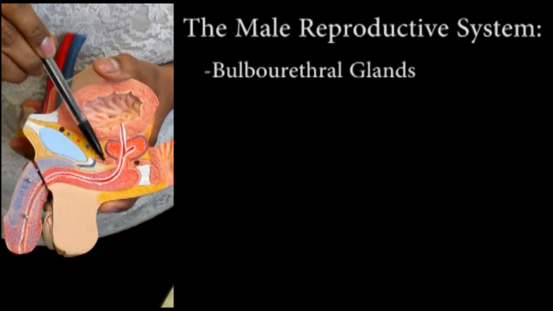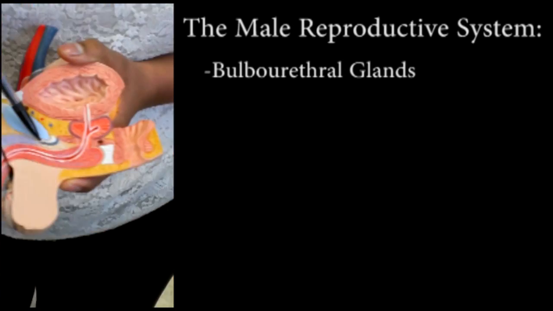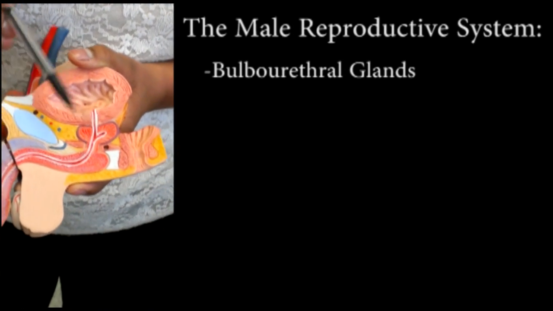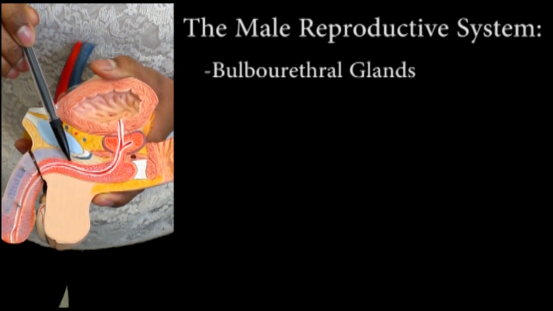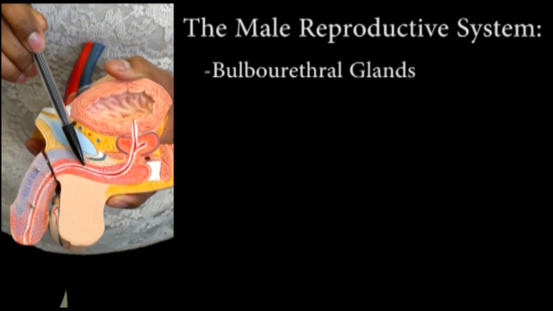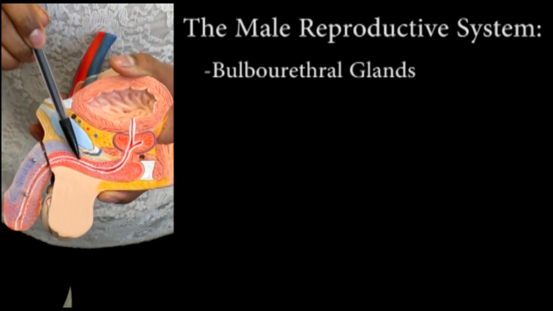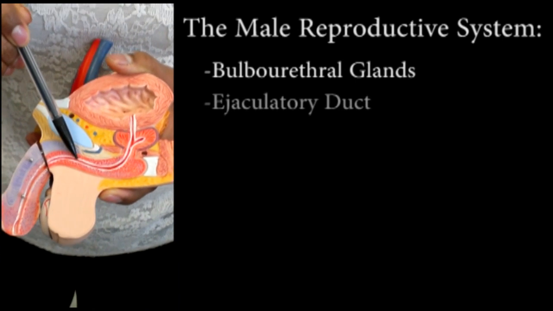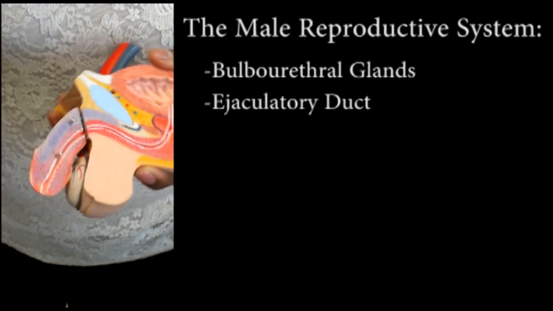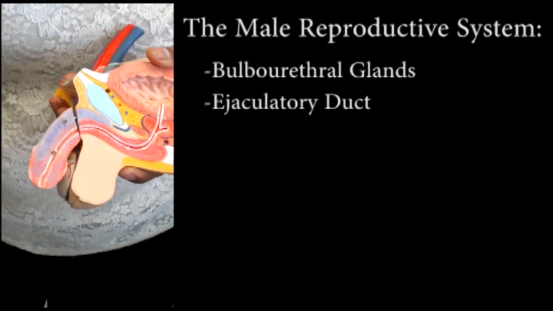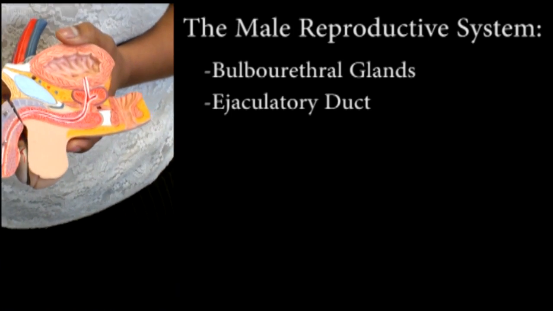We can't see it that clearly on that one with an actual gland coming off of it, but this side does show it. And this one also connects with the urethra, and that becomes the ejaculatory duct. So the ejaculatory duct, they're all going to combine in the same exit because there's only one, right?